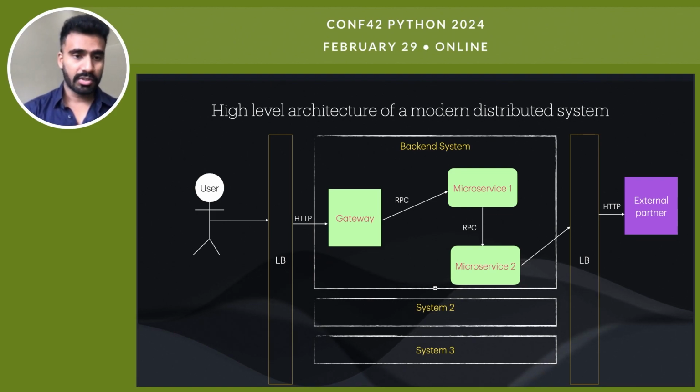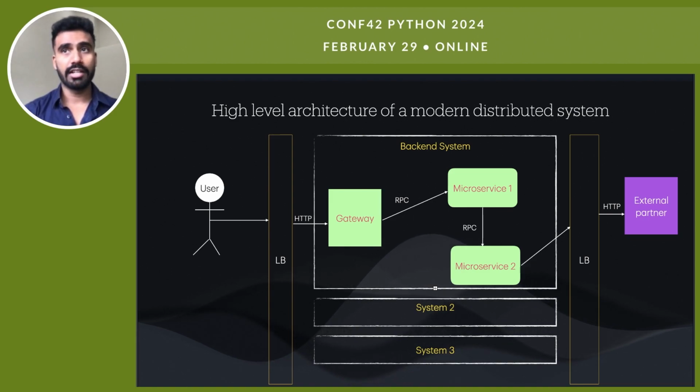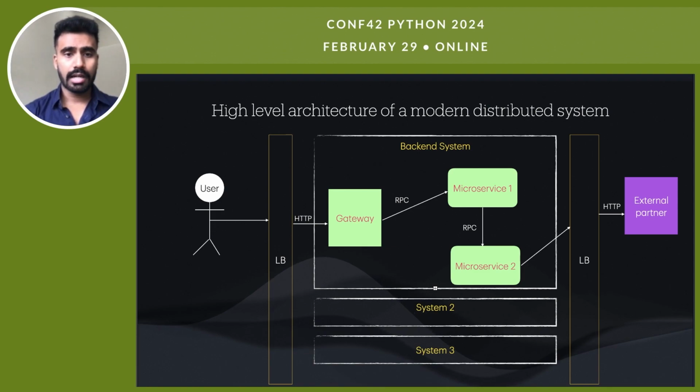So obviously the request goes through the load balancer, and the load balancer redirects to the right backend system. There will be multiple systems, and then again from the load balancer it goes out if there is an integration needed with an external partner. Say for example, in payments you might have to integrate with Visa or Stripe or PayPal, as an example. Now, as you can see, some of these calls are HTTP and some of these calls are RPC.